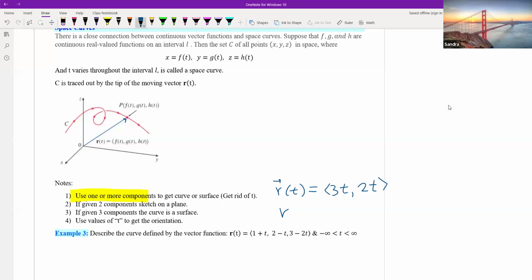If I am saying three components, then I am saying 3t, 2t, and let's just say t squared. That's three components. With two components, we're going to sketch a plane curve. With three components, we're going to sketch a surface. Then we're going to use the values of t in order to generate an orientation on the curve.